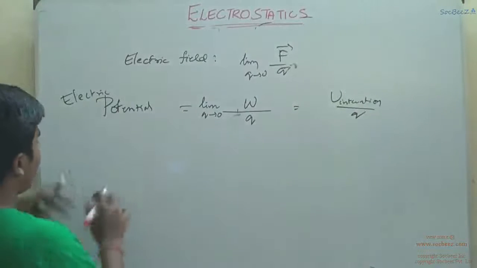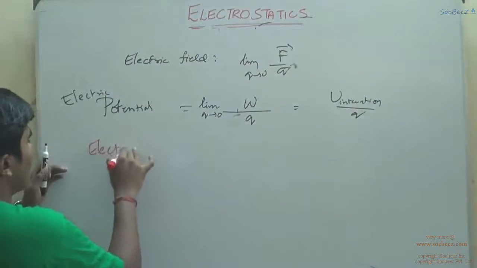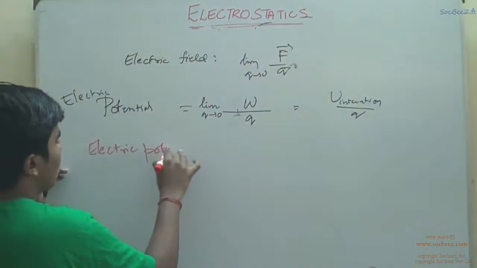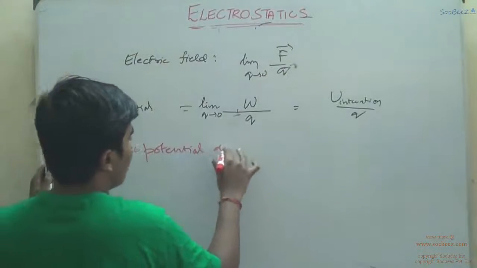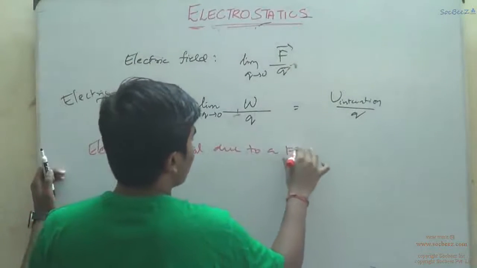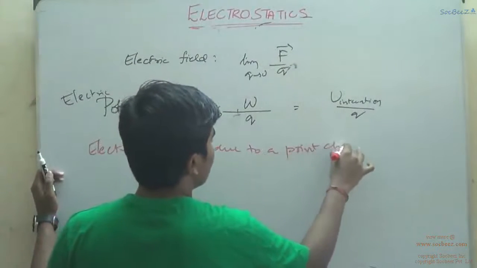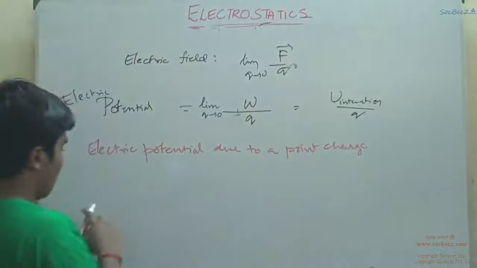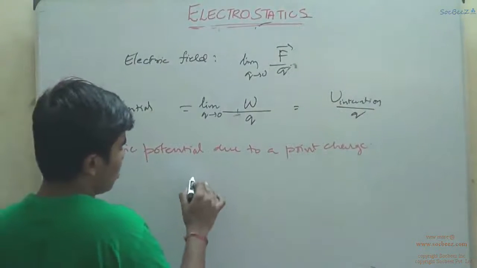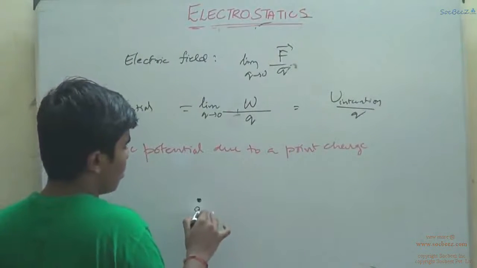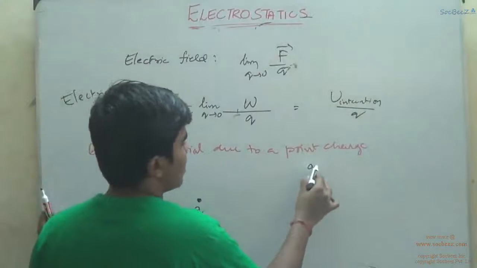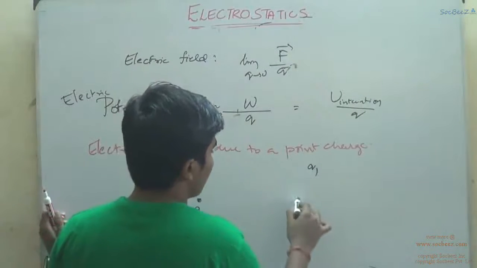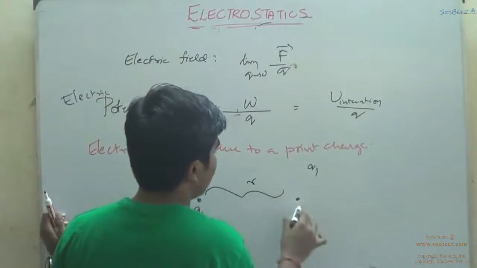So now let us find out the electric potential due to a point charge. So electric potential due to a point charge is equal to, see, let this point charge be Q. I am bringing a test charge Q1 from infinity, till I brought it to a distance r.